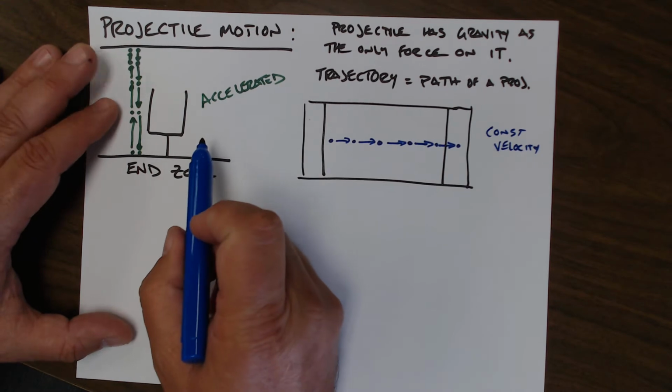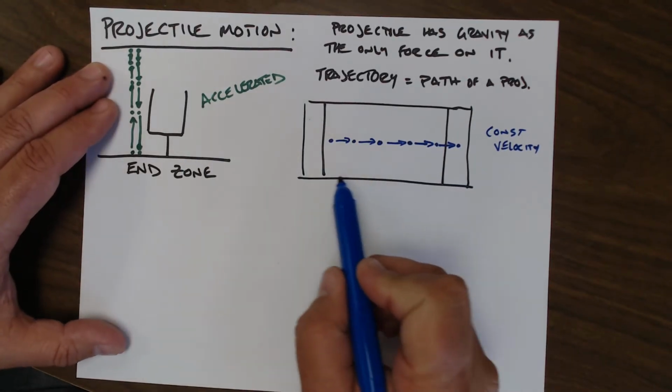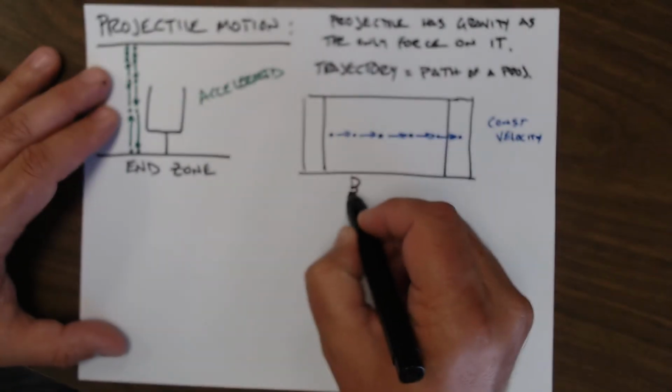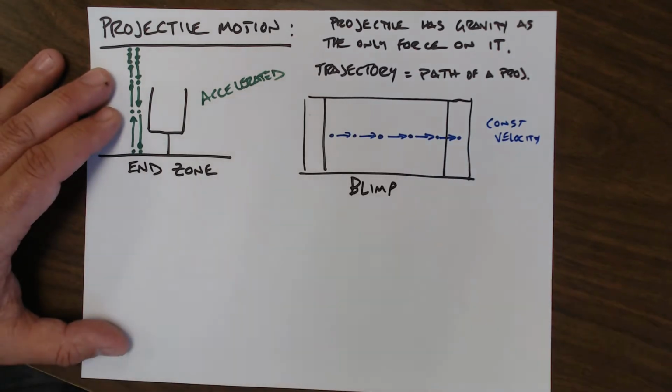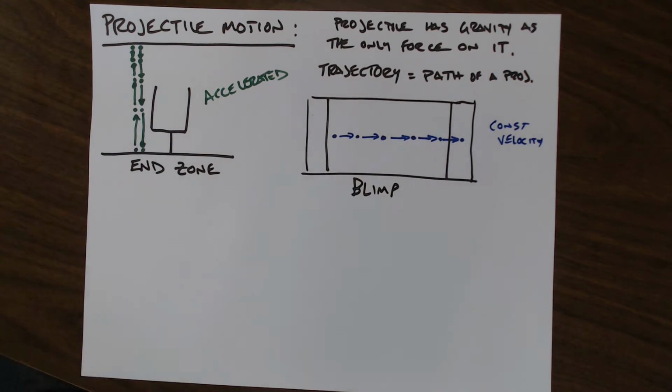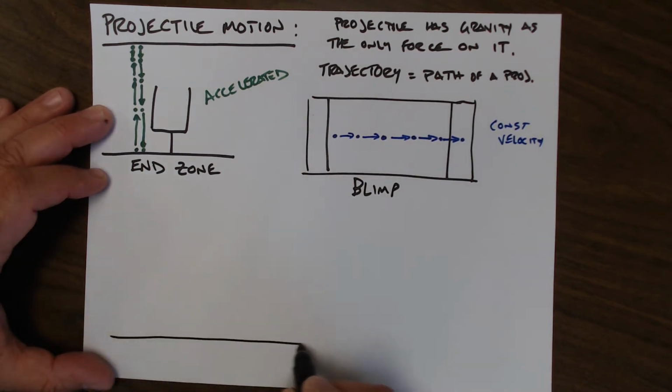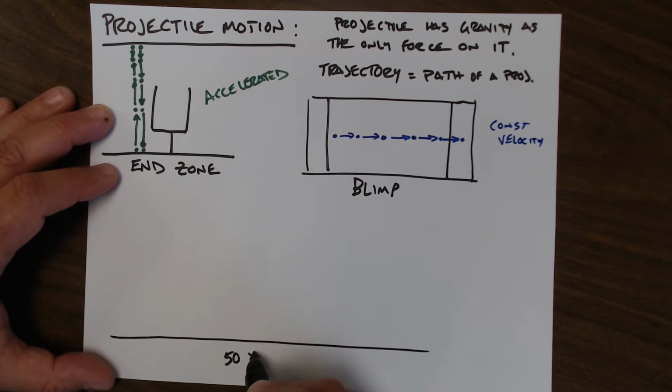So when you have accelerated motion in the vertical direction and constant velocity motion in the horizontal direction, and this is as seen from the blimp, the real motion is both of those put together, and that's what somebody would see if they were on the 50-yard line.